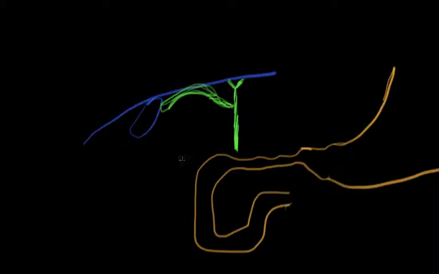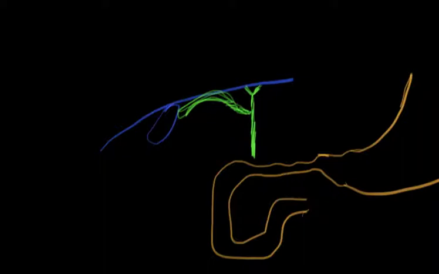So this duct over here is going to pass posterior to the duodenum, and it's going to enter over here at the hepatopancreatic ampulla.